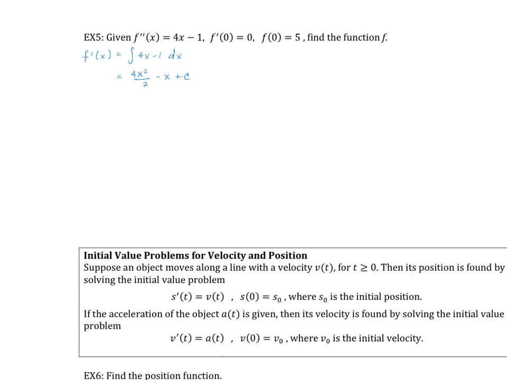And we have the initial condition that the first derivative is equal to 0 when x is equal to 0. So because of this initial condition, we know that the constant, after we plug everything in, is equal to 0.